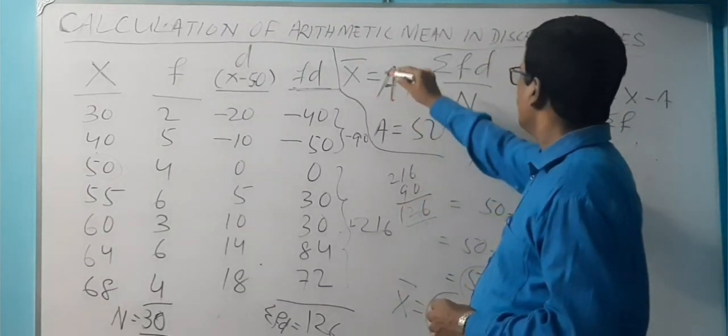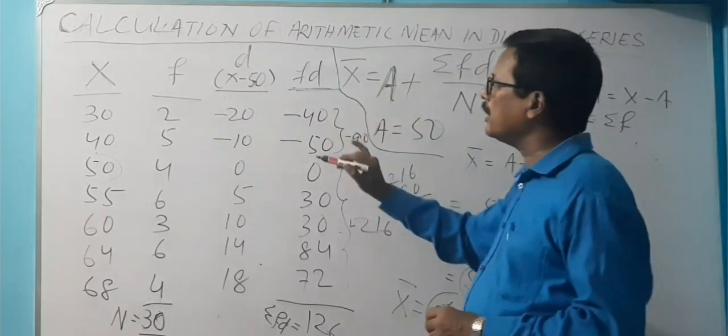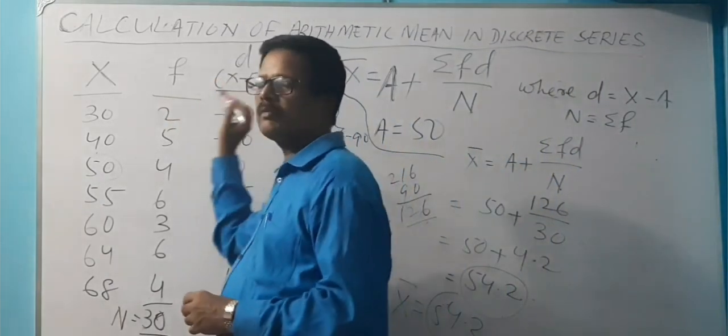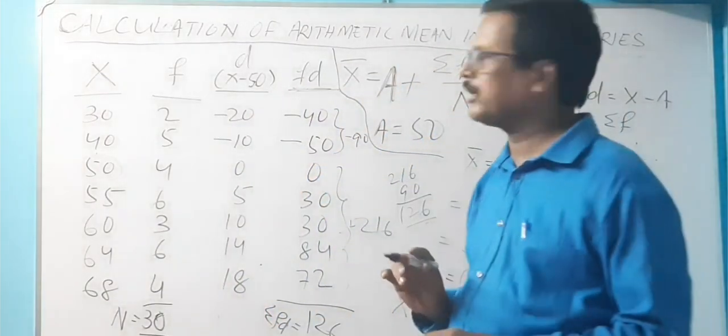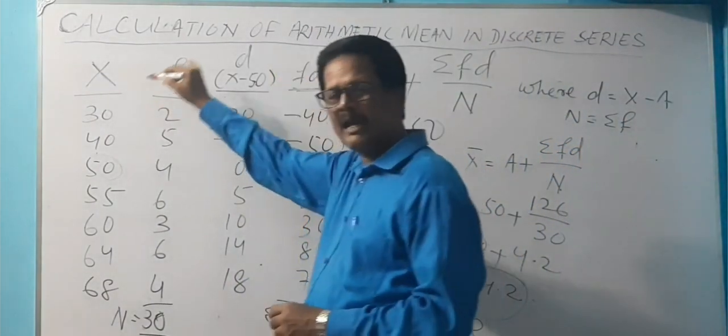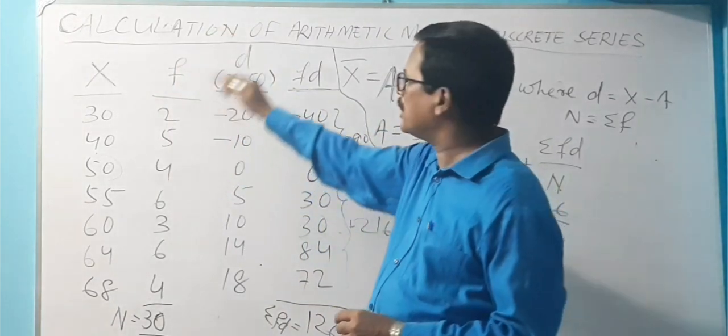But on observing the formula, we can write down the required columns. How many columns are required to calculate the arithmetic mean? X column is given, F column is given. X values are given, F values are given.